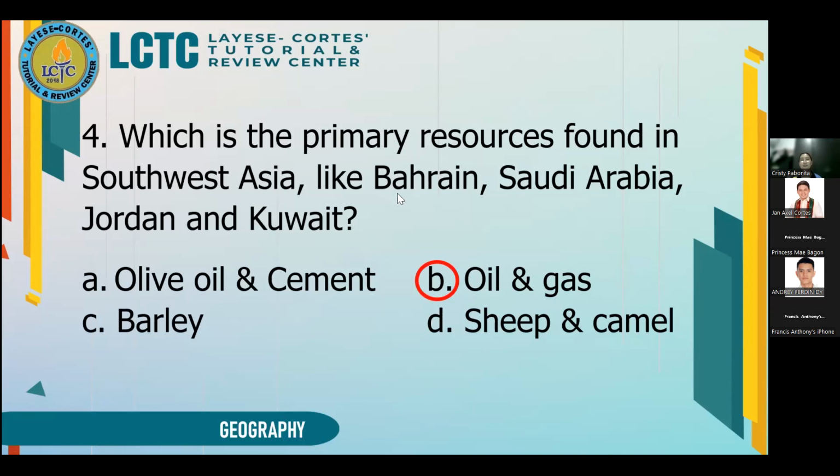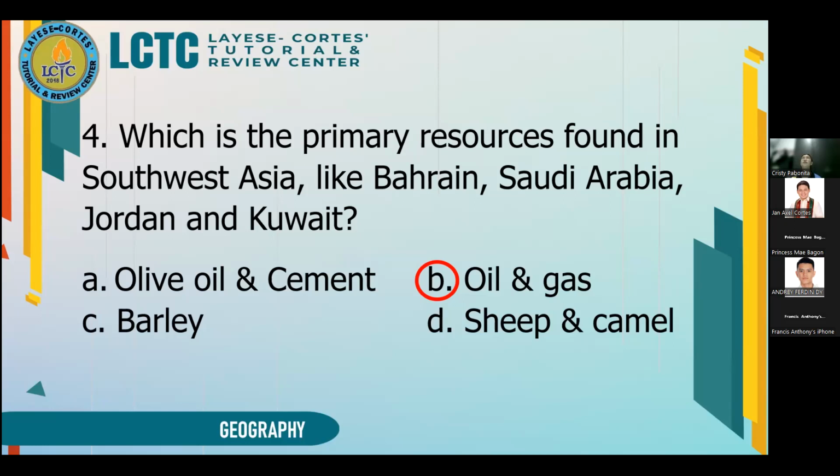And if you have heard, these countries are very abundant, and this is one of the reasons they are among the richest countries here in Asia, because of the natural resources that can be found in their countries.